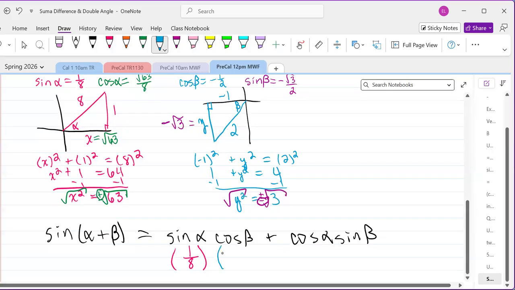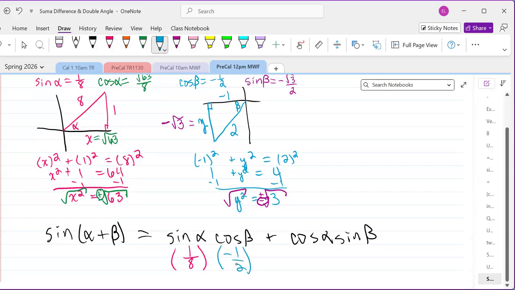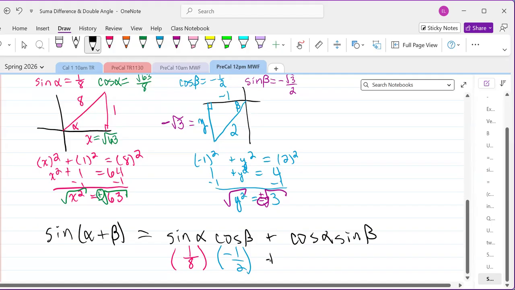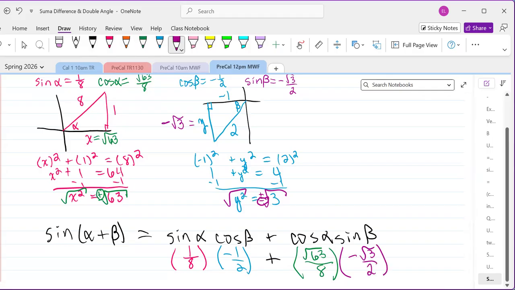And I know cosine beta is negative 1/2. Cosine alpha is the square root of 63 over 8. And the sine of beta is negative square root of 3 over 2. Now we could multiply through, clean that up, write it as all one giant fraction, but WebWork will take the answer just like that, and I will take it just like that on the test.